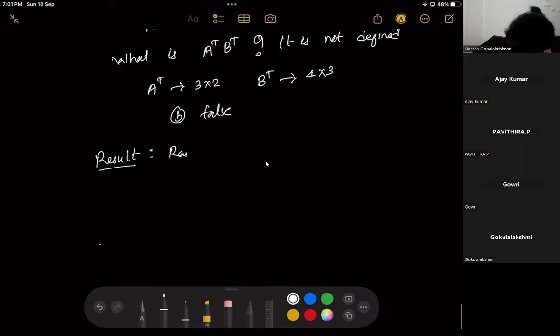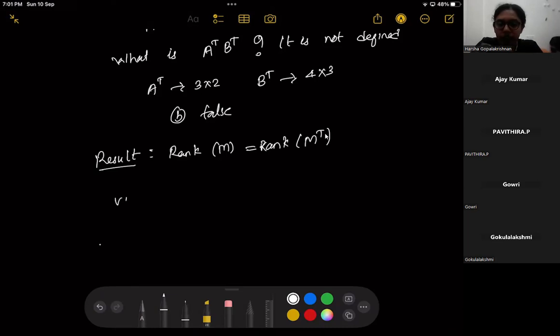Rank of M equals rank of M transpose, for any matrix M, the rank of the matrix and rank of its transpose are equal. Okay. Let us see what is rank of M. We have already seen the result. Rank of M is same as row rank of M.